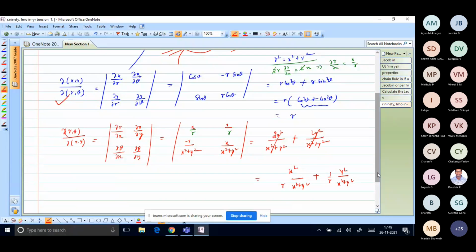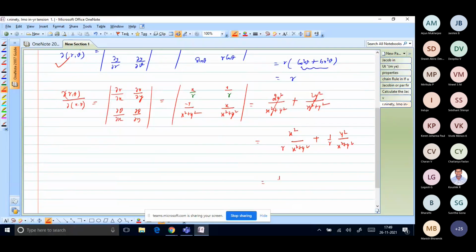So now, if I take 1 by r common, you have x square plus y square upon x square plus y square. So it will be cancelled and you will get 1 by r. Okay, so in the other case also, you will get 1 by r. Is it all right? Yes, sir.